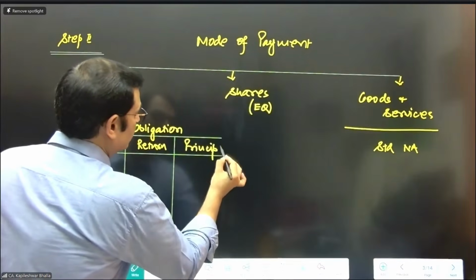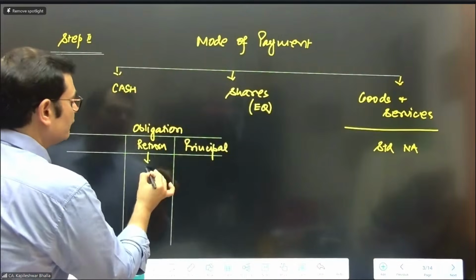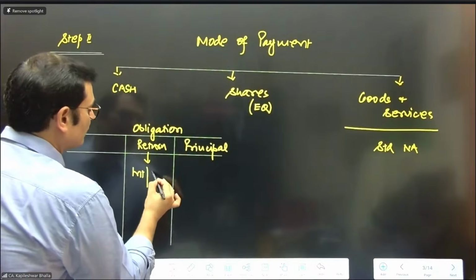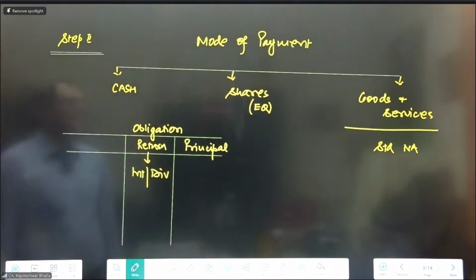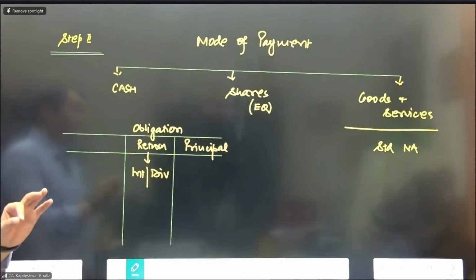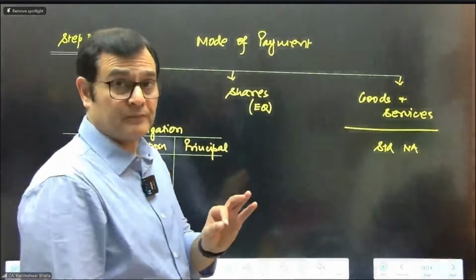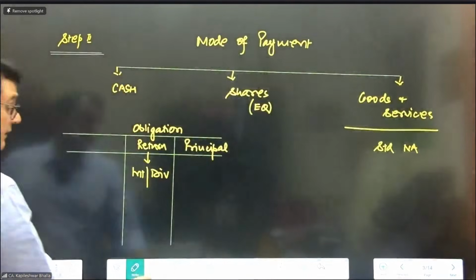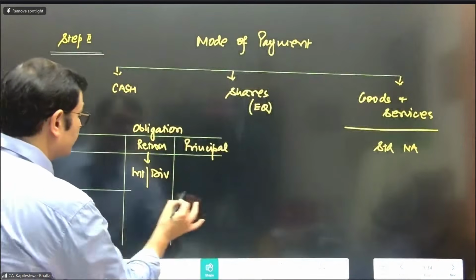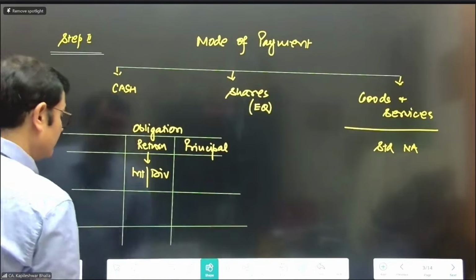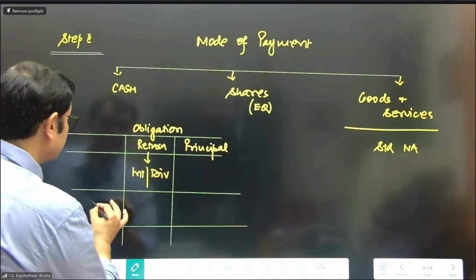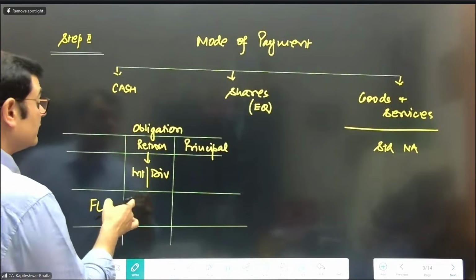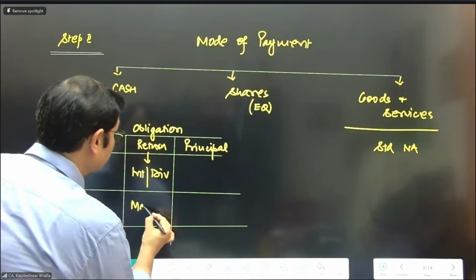The return is in the form of interest, or the return is in the form of dividends. So you need to now identify the terminology. Let me put that very clearly in the chart. If you say that it is a financial liability, the return needs to be mandatory in nature.